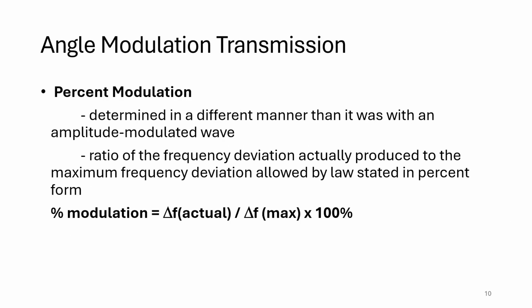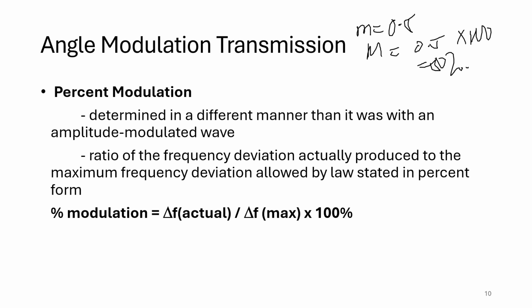Okay, so in AM, we have discussed the percent modulation. When, for example, our m is equal to 0.5, we solve for our percent modulation as 0.5 multiplied by 100%, so this will just give us 50%.